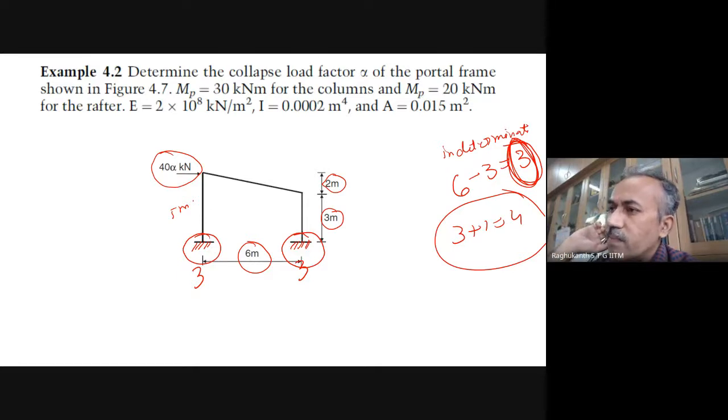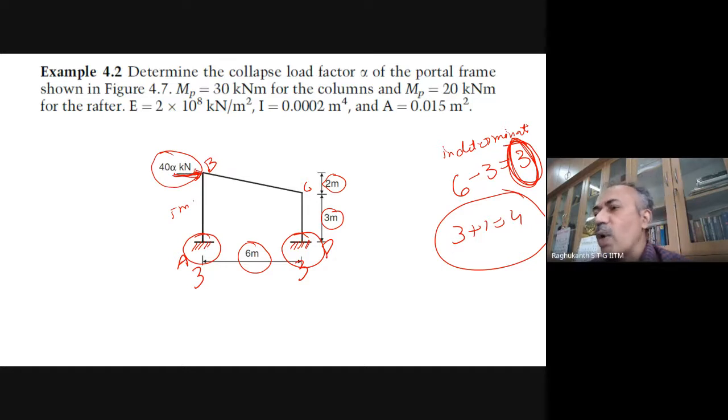Suppose I write this as A, B, C, D. So where will plastic hinges form generally for portal frames? Where the bending moments will be high, and of course here the load is acting at the joint itself. It is not acting at the middle. Suppose the load was acting like this, you could say the hinge will form here. But in this problem, the load is acting only at the junction.